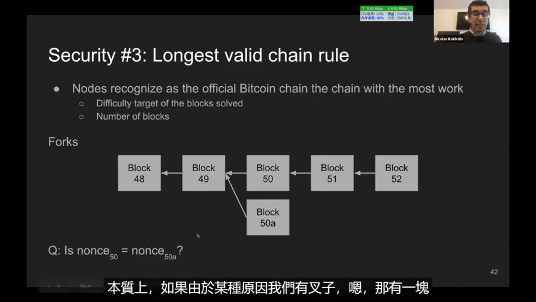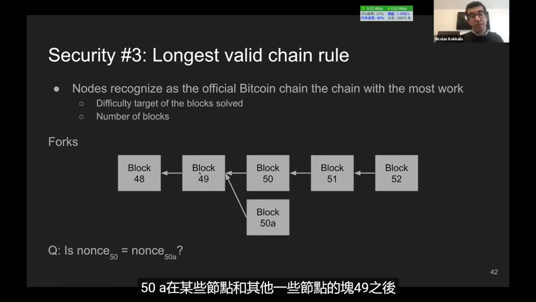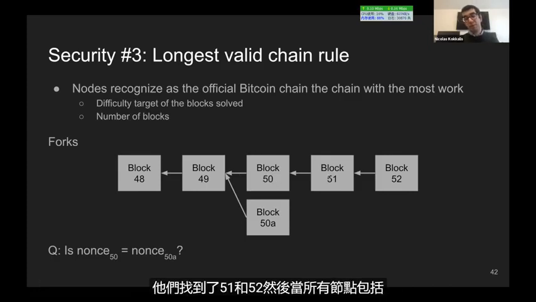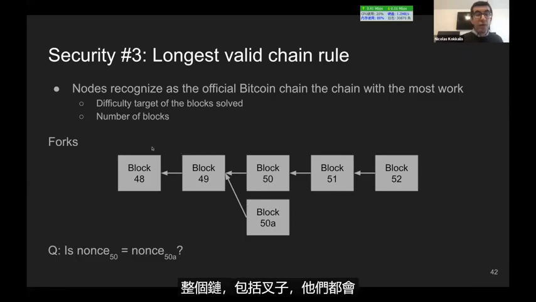Essentially, if we have a fork, for some reason there was a block 50A after block 49 for some nodes, and for some other nodes there was a 50 block, and maybe they continued mining and found a 51 and a 52. Then when all the nodes become aware of the entire chain, including the fork, they will all abandon any shorter blockchains, and they will all agree that the official blockchain is the one that is the longest.